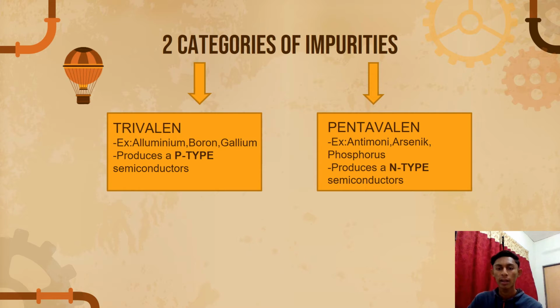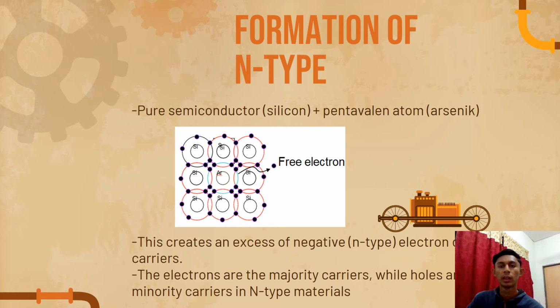Pentavalent. Example: antimony, arsenic, phosphorus. Product: N-type semiconductor. Formation of N-type. Pure semiconductor, silicon plus pentavalent atom, in bracket arsenic.